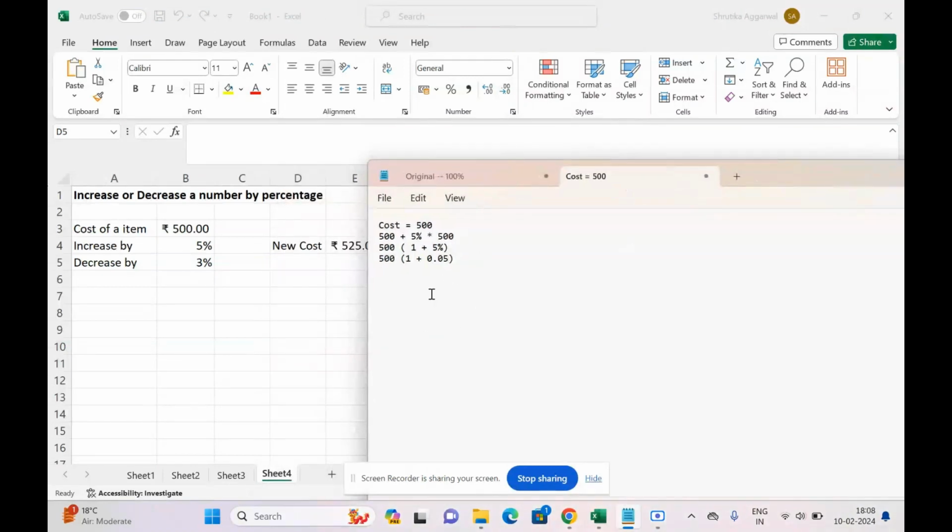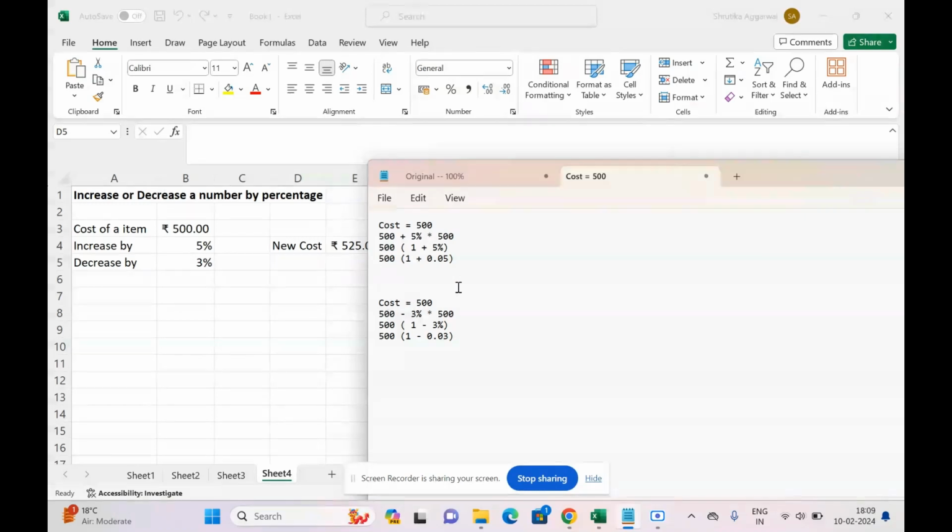Again, the cost is 500 and this time I decrease it. So I say 500 minus whatever I decreased it by, 3% of 500. I take 500 as common and I open bracket, I say 1 minus 3%, which is 500 times (1 minus 0.03).